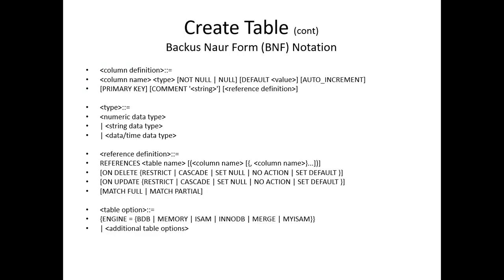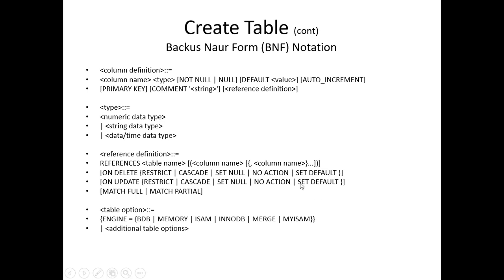So, the column definition: the column name and the data type. Say, for example, numeric, string, or date. Then NOT NULL. It means that when you insert data, it's going to error if the content is null.